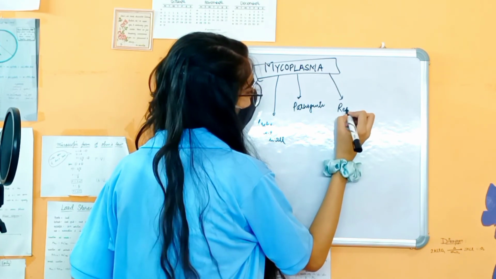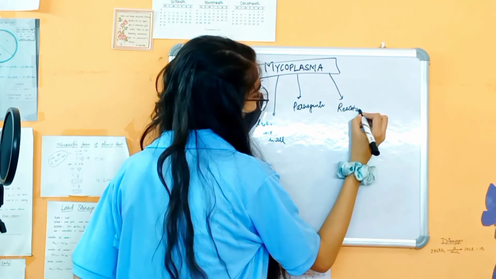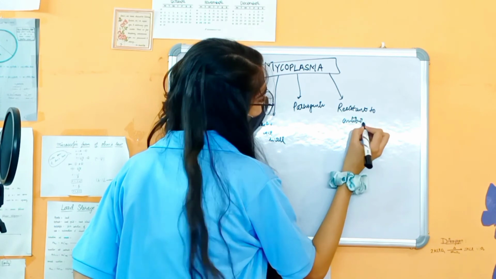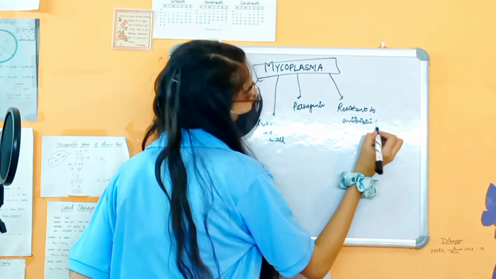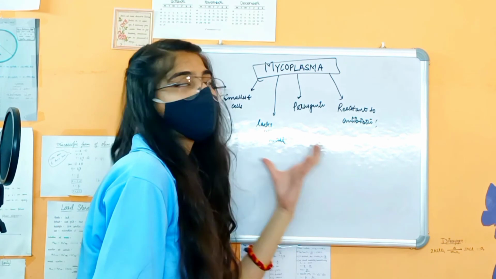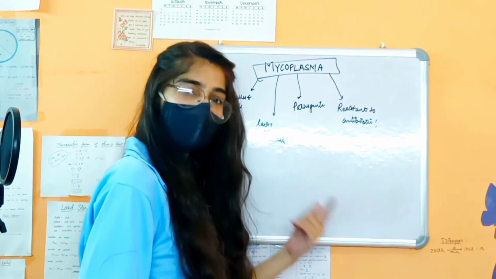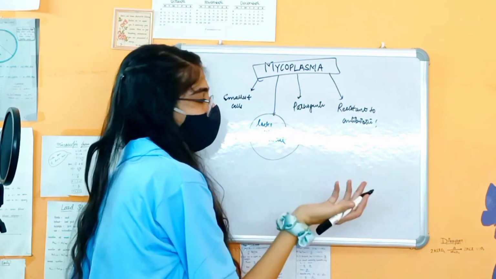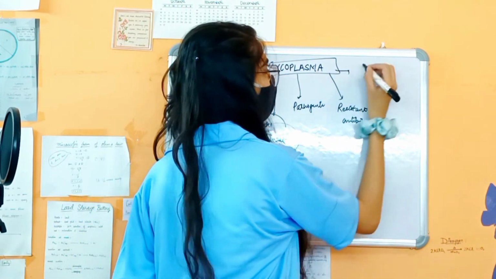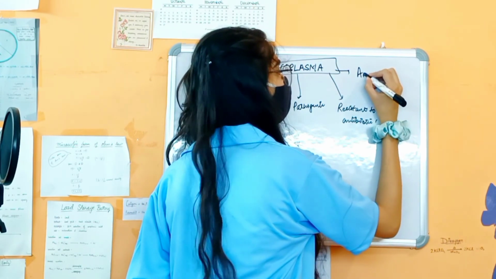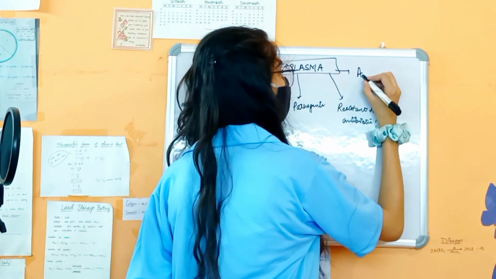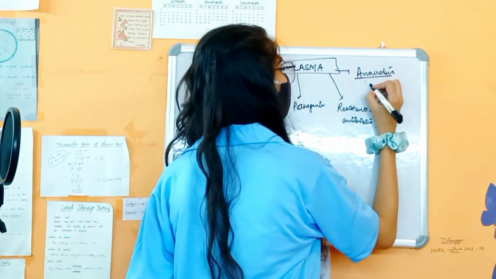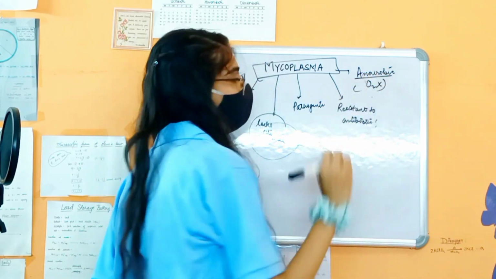Resistant to antibiotics. How? Because these antibiotics act on the cell wall, which we are going to study in biotechnology again. So these are resistant to antibiotics because they do not have a cell wall, of course. And the most important point is that these are anaerobic. These survive in the absence of oxygen.